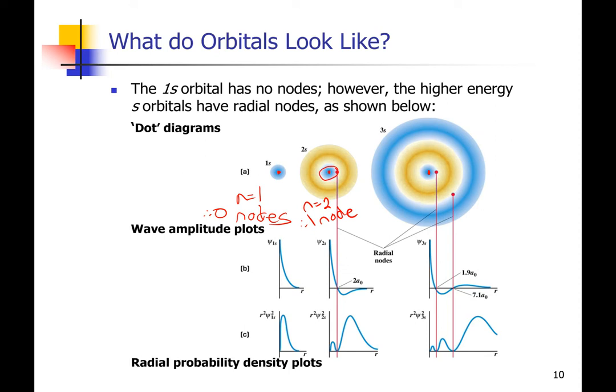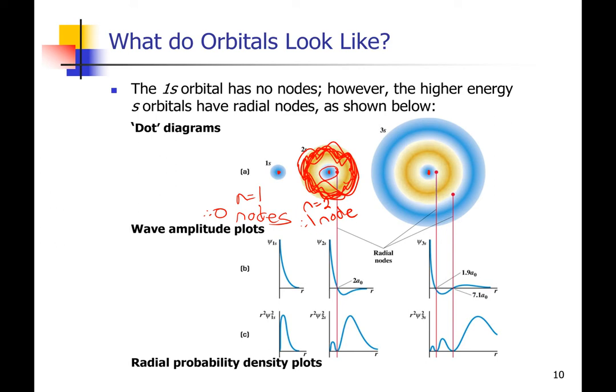And so there's a very small probability that the electron is extremely close to the nucleus. And then there's this much larger outer region here, which is where most of the probability is that the electron is in this outermost space. And so that border, that white region that you're seeing between the yellow and the blue, that's the node. There is one radius at which there is exactly 0 probability that the electron exists.